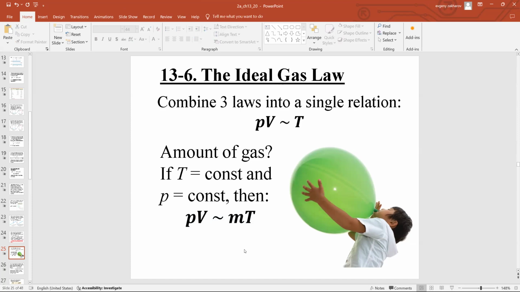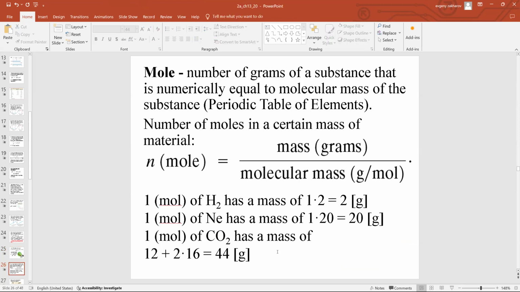So just basic logic allows you to put the mass on the right side of the equation. And then we also have to consider what kind of gas we have. And for that, we have to go to a definition of mole that chemistry people use a lot. And now it is time to actually introduce.